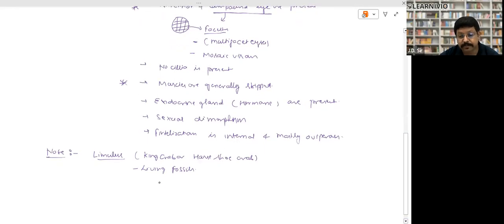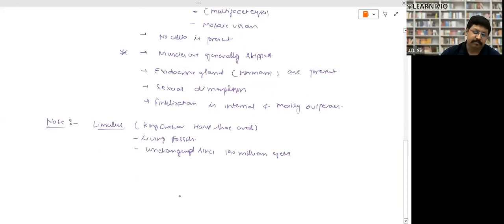Why? Because it is unchanged. It has not changed anything since 190 million years. It is found as it is since 190 million years. There is no change in Limulus or the horseshoe crab. That's why it is called a living fossil, right?